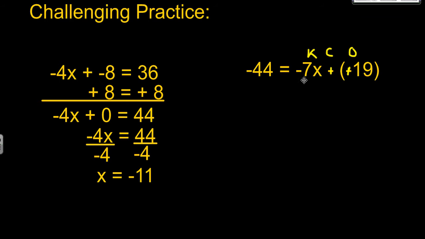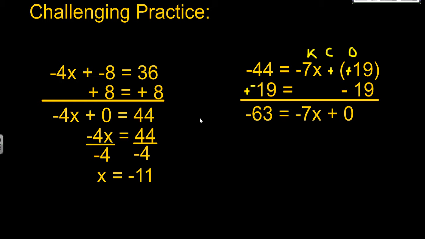Now, if we're doing the inverse of negative 7x plus 19, we're going to subtract 19 from both sides. Now, once again, if you're subtracting, this is the same as adding a negative 19. When both signs are the same, we simply add, but the answer will be a negative value.